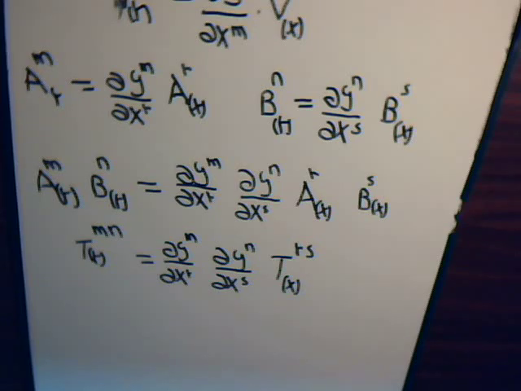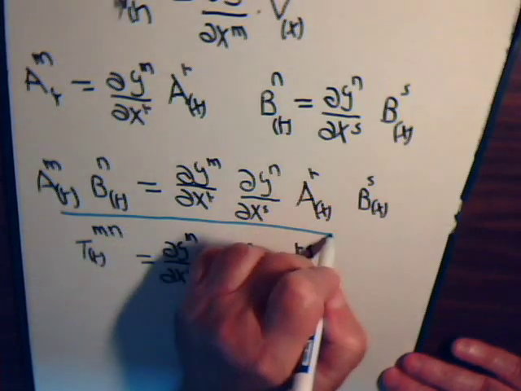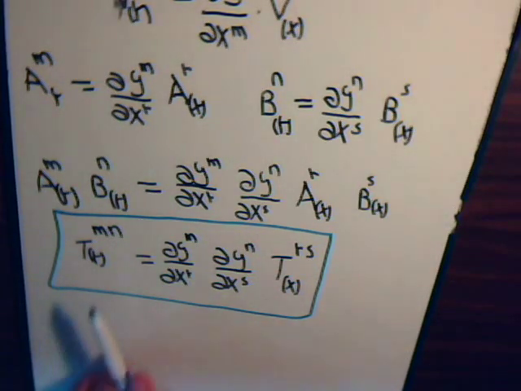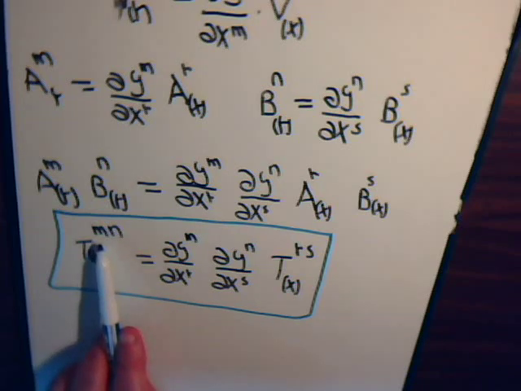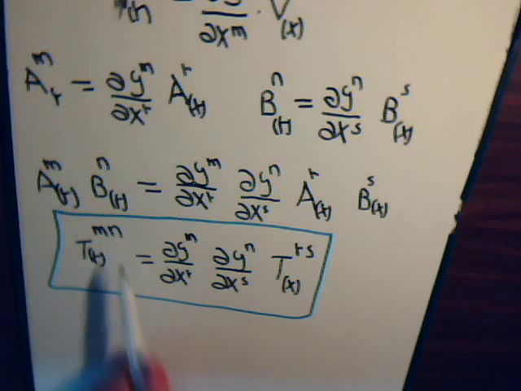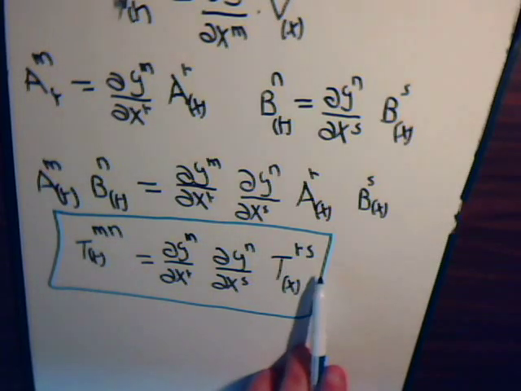So here, this would be called a tensor of second rank because we have one set of components, we have another set of components. There are d components in each set. We multiply them together. Same thing here.